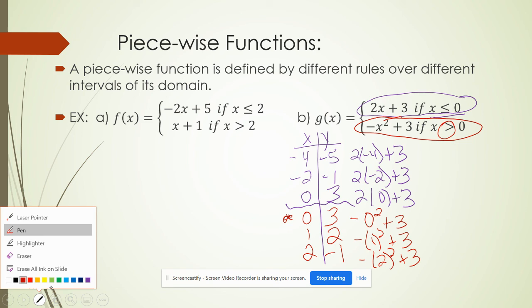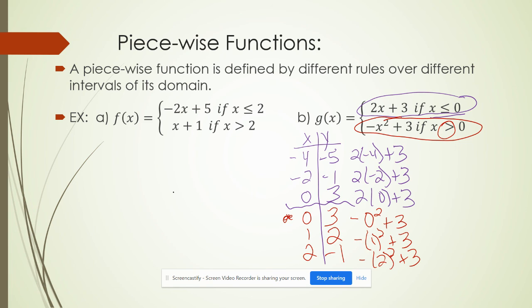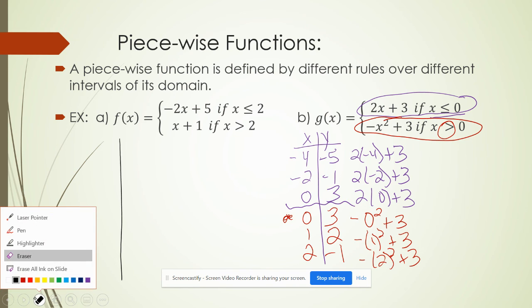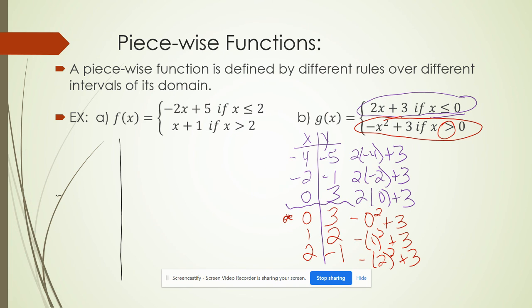So if I make my grid, I go back to the purple to graph.